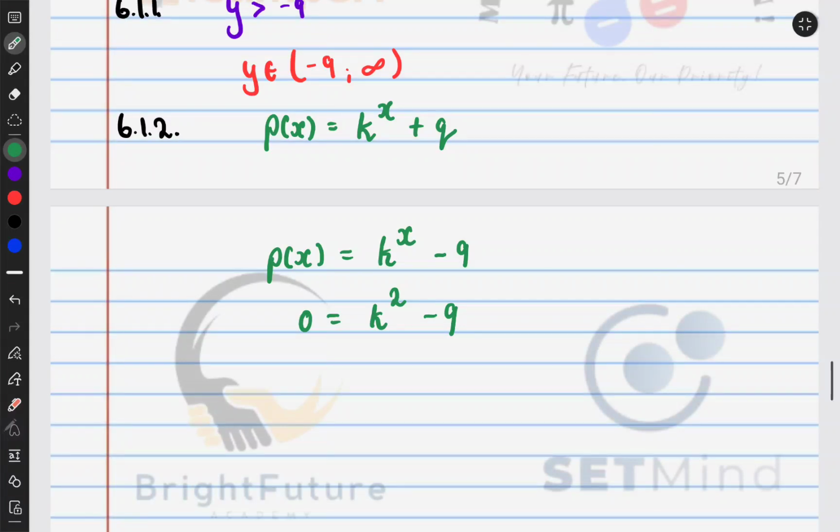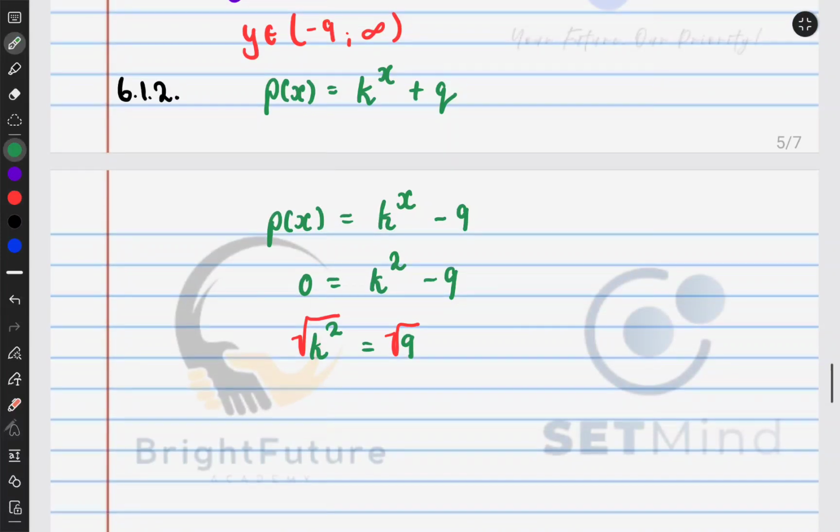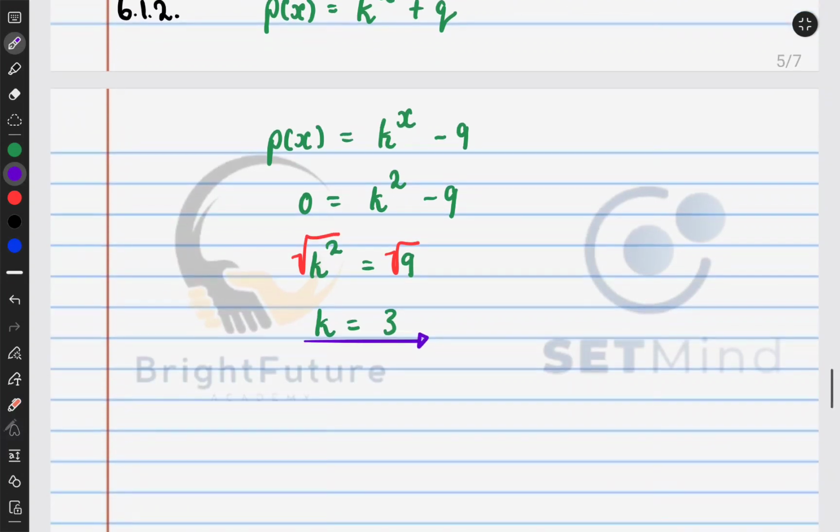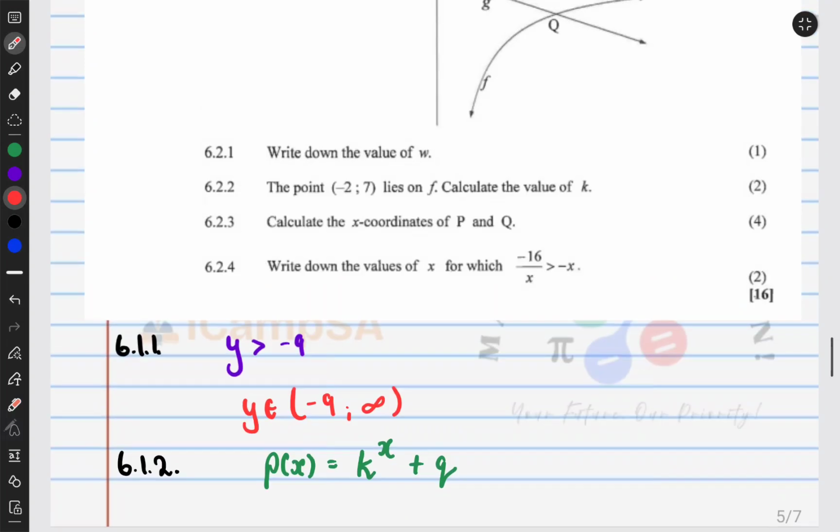We take the 9 to the other side, k squared is equal to 9, and then we introduce a square root on both sides. Therefore, the value of k is equal to 3, which now makes the equation of p to be p at x is equal to 3 to the power of x minus 9. Okay, that is 6.1.2.